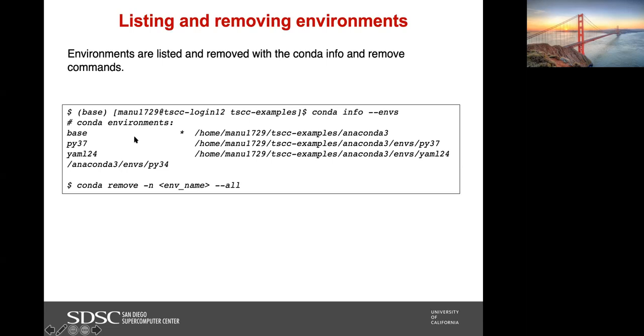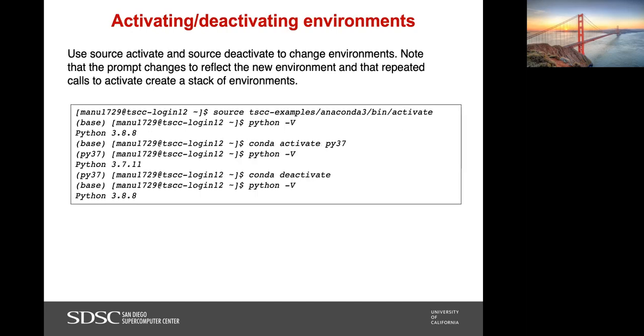The first one is the base, and there is a Python 3.7 environment, and there is a YAML environment. So you might create lots of environments, and that could create problems for you to know what is what. So for that, you can also purge the environments that you don't need. For that, you can say conda remove -n, the name. That will remove an environment for you.